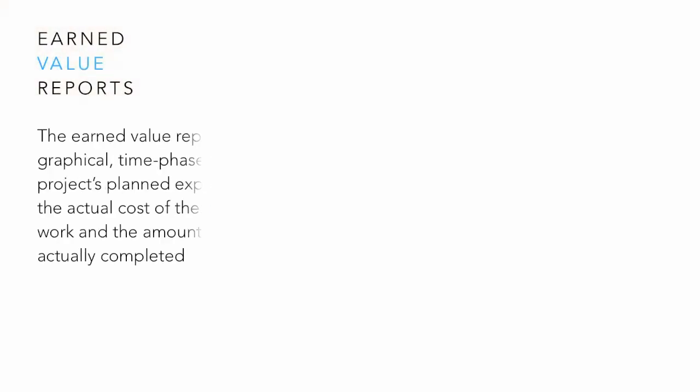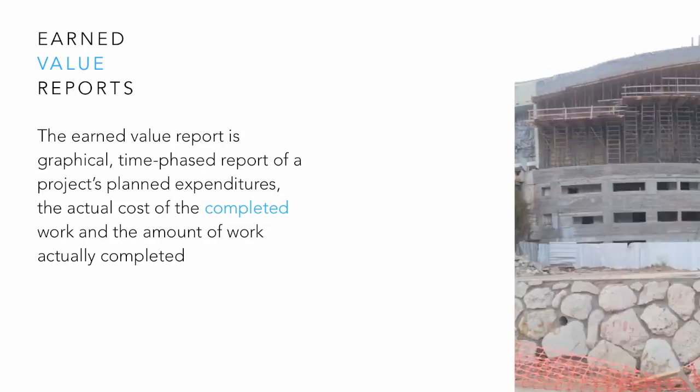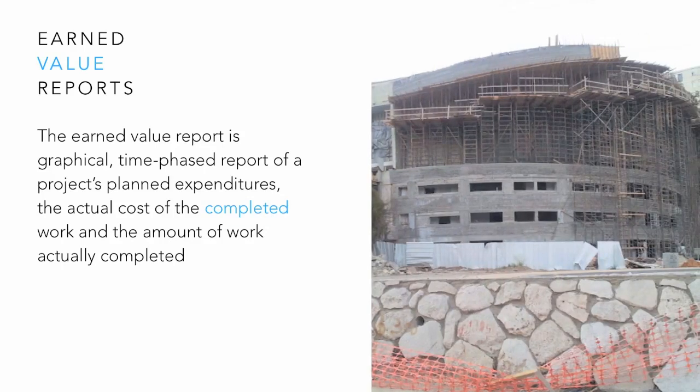Earned value reports. The earned value report is a graphical time-phased report of a project's planned expenditures, the actual cost of the completed work, and the amount of work actually completed. Earned value allows you to determine more precisely where your project stands in terms of your business schedule and budget.